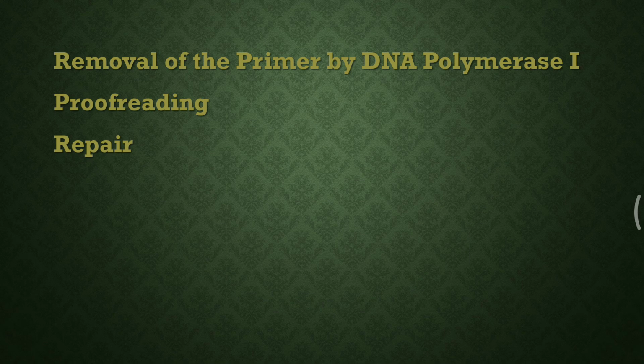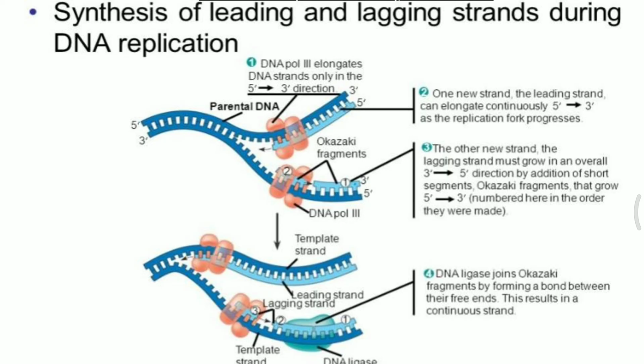Once the DNA structure is formed, the important thing that comes is proofreading. Over here you can see that proofreading occurs continuously while DNA replication is occurring in the lagging strand.